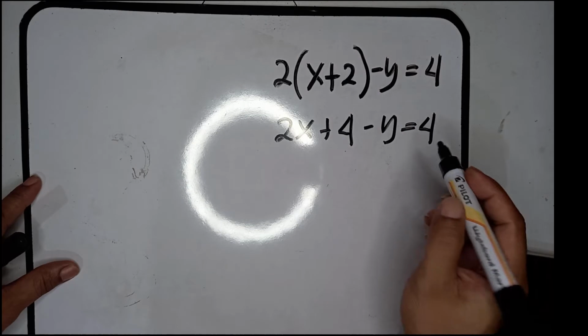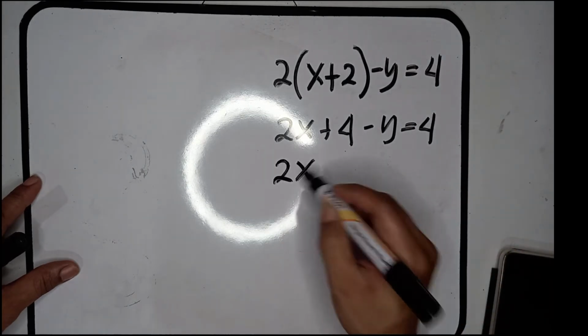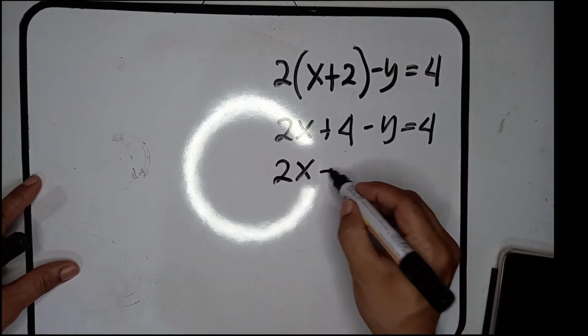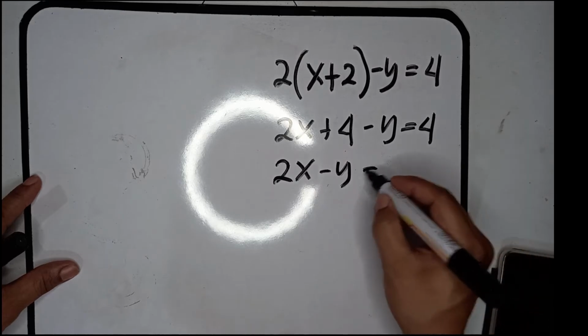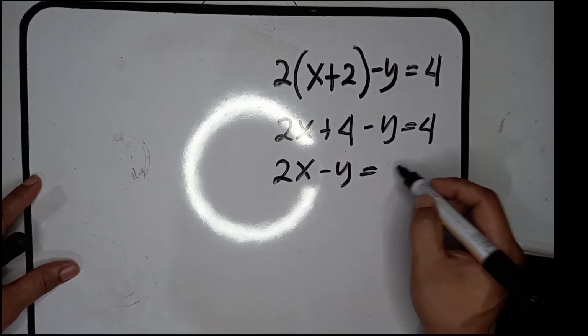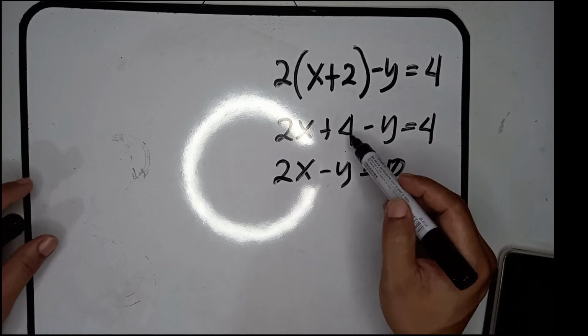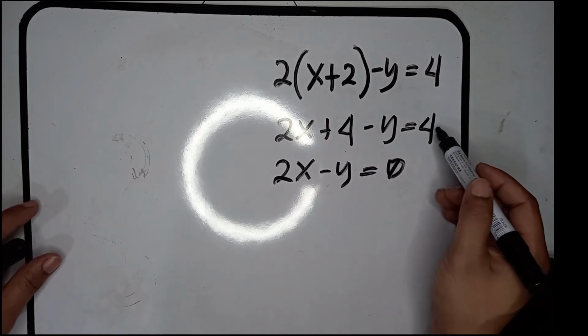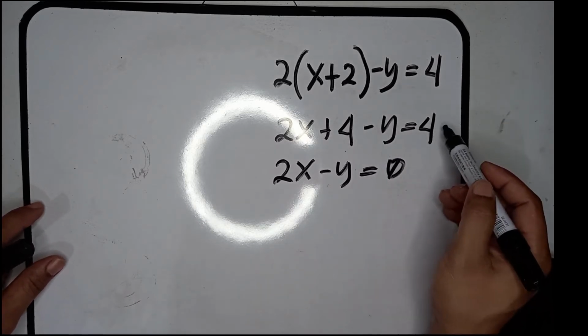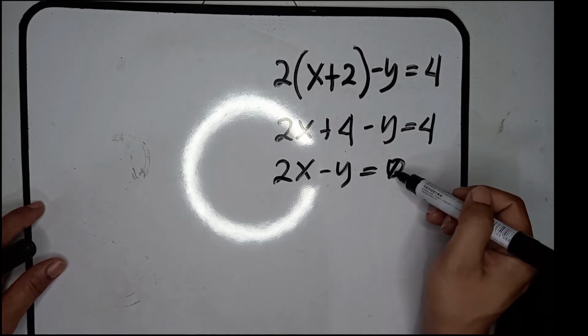So this will become 2x minus y equals 0, because we place positive 4 at the right side, so it will become negative 4. 4 minus 4 becomes 0.